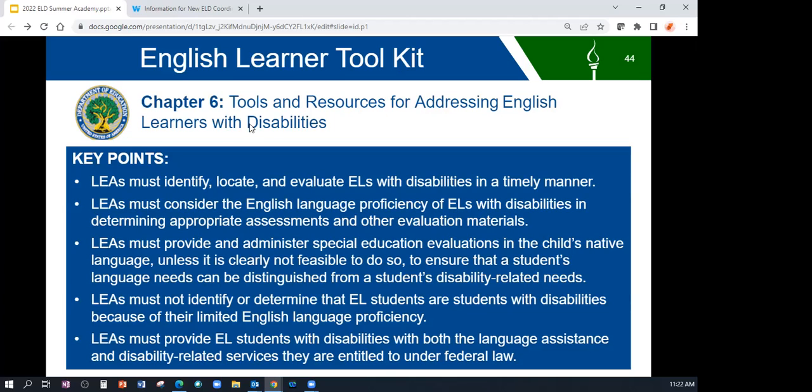Chapter 6 are the tools and resources for addressing English learners with disabilities. So your local education agency has to identify, locate, and evaluate ELs that may need special services in a timely manner. For some reason, there was this miscommunication that you had to wait at least a year or 2 years.